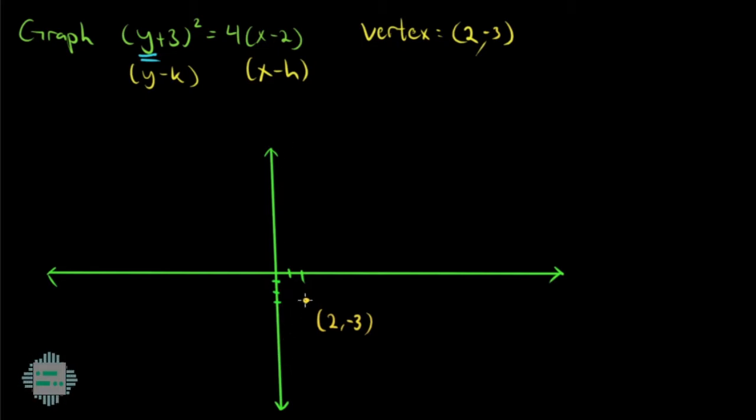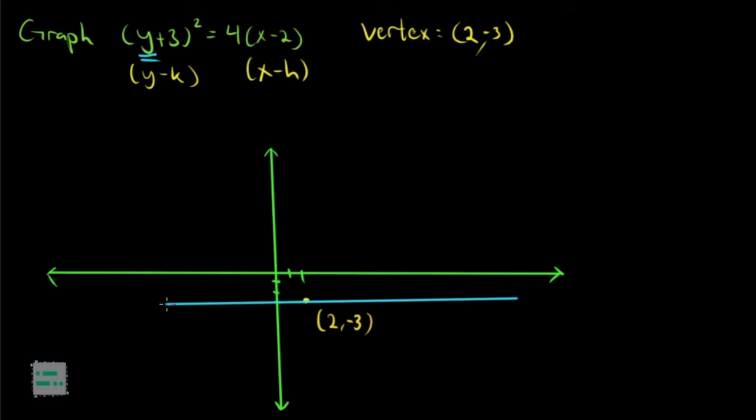Ibig sabihin, the orientation of your axis of symmetry will be horizontal. Parang ganito. Hindi accurate. Ayusin natin. Yan, parang ganyan. Yan ang magiging orientation ng iyong axis of symmetry.